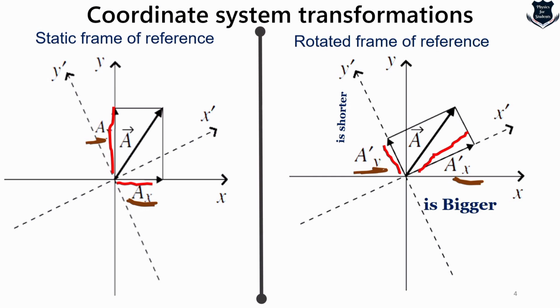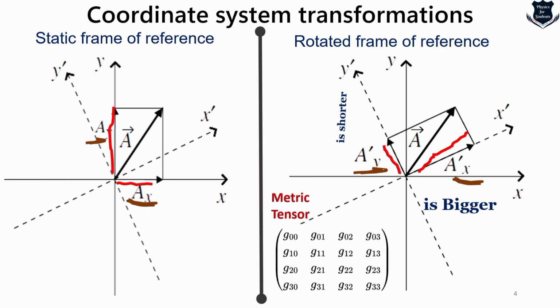The basic essence again is to learn the tensors and the transformation rules through which things will be easier to understand. Now this is basically a metric tensor, which is our target, a kind of complex mathematical tool which is used in differential geometry and further in Einstein's general relativity. So this is more or less what we learn by rotating the frame of reference or moving from flat to curved space. The components of the vector change, whereas the vector remains invariant.